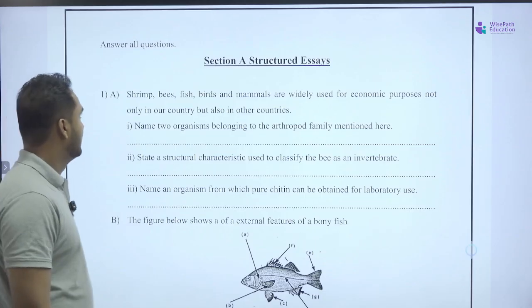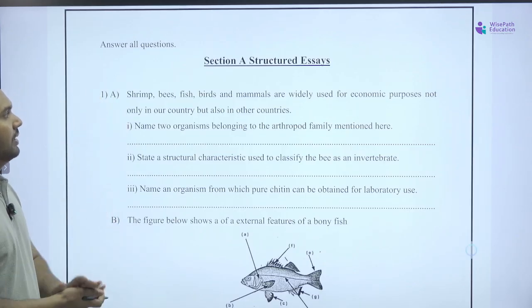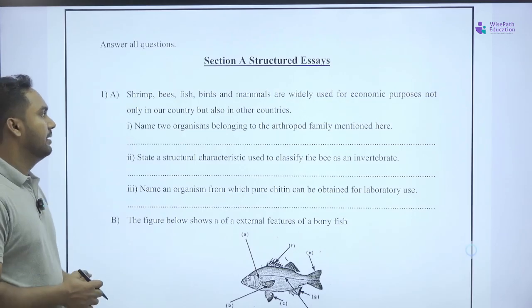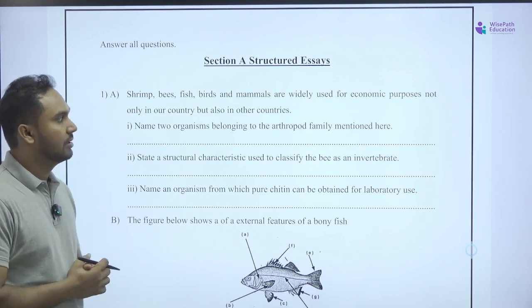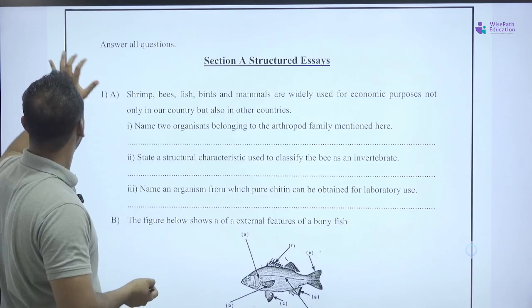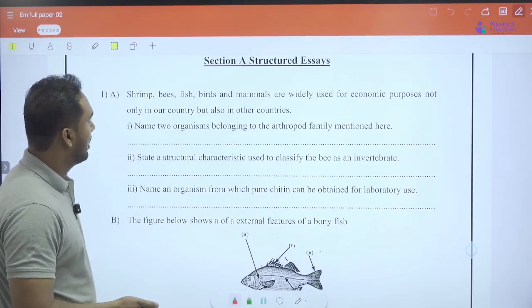Section A, structured essay. Shrimp, bees, fish, birds and animals are widely used for economic purposes, not only in our country but also in other countries. Name two organisms belonging to the arthropod family mentioned here. Now, what are the organisms mentioned under the arthropod family?